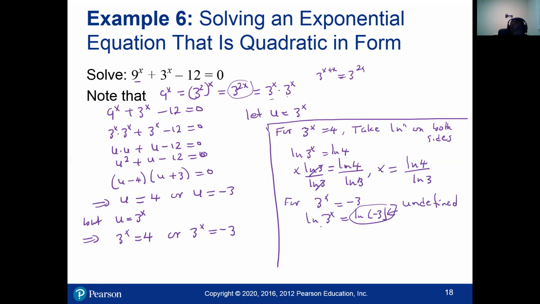So you discard that solution. Therefore, there's only one solution. The solution set is going to be the natural log of 4 divided by the natural log of 3. And that is it.